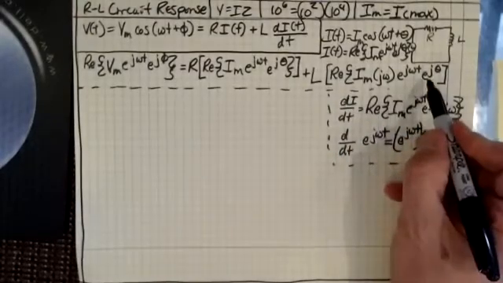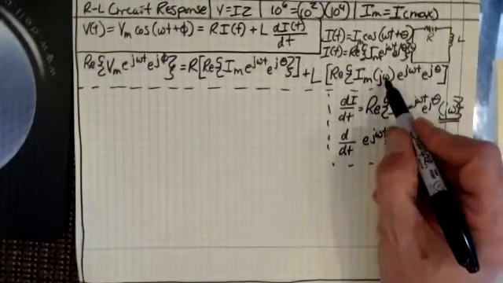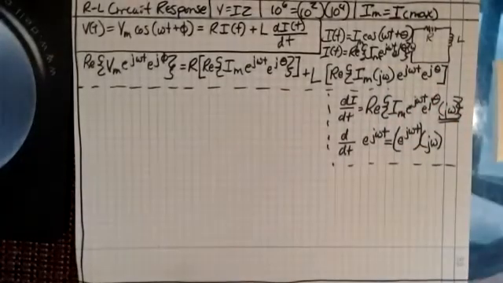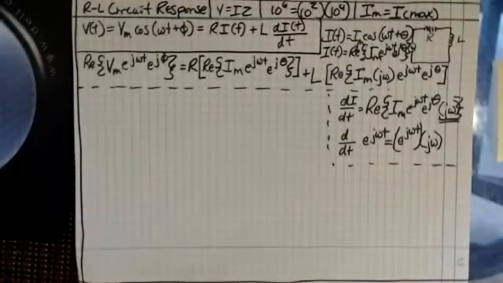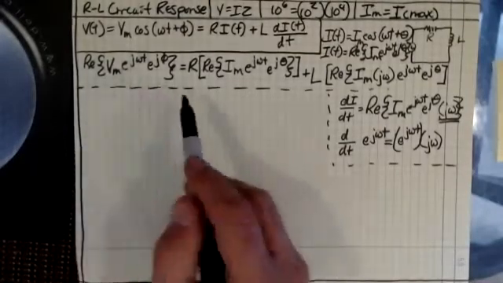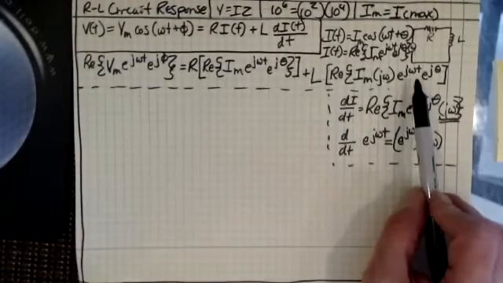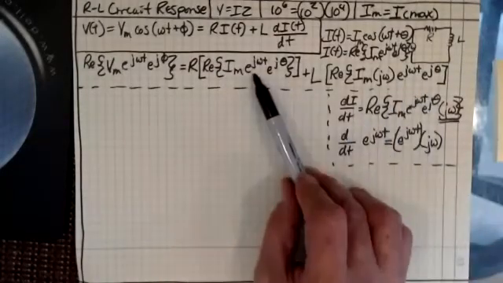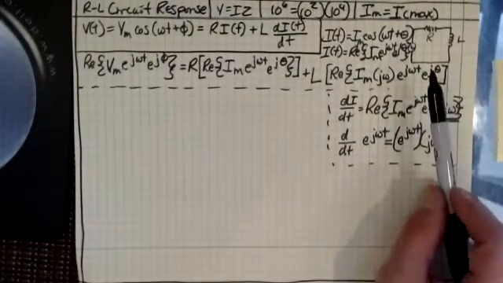The only thing that is different is going to be my j omega, which I've got in there, and I think everybody can see that e to the j omega t is the same in both too.